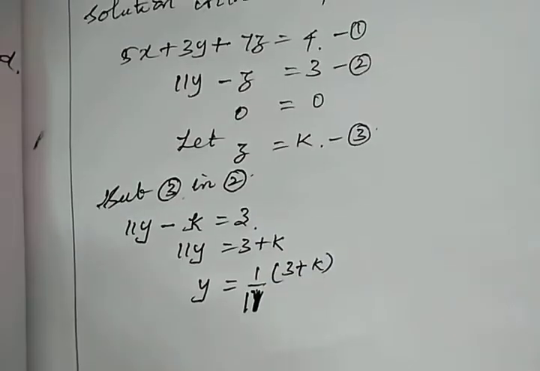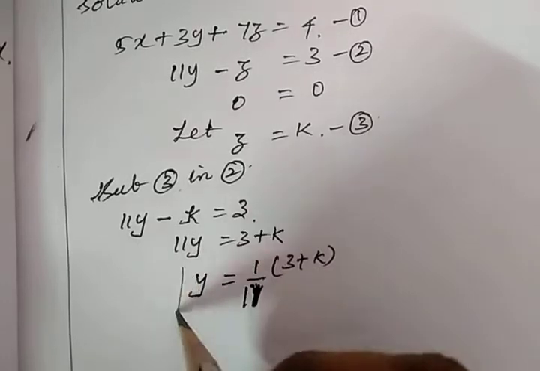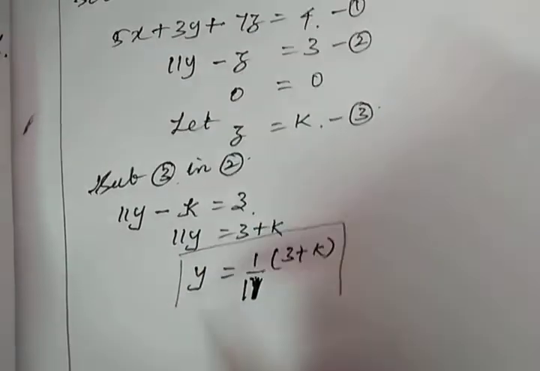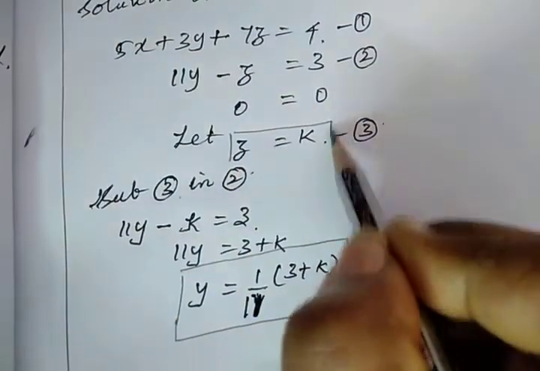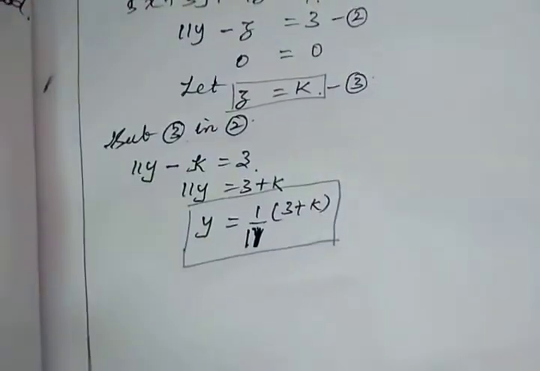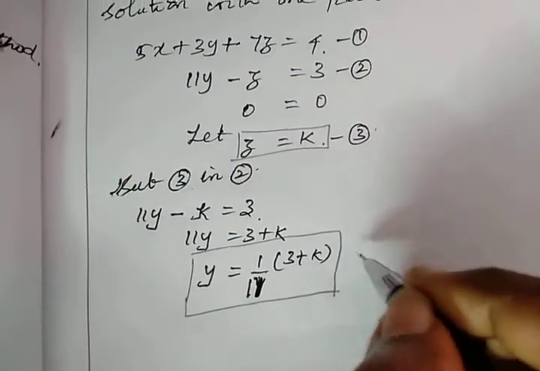So I have got the value for y. Just block it, and I have got the value for z also. Take this as number 4.